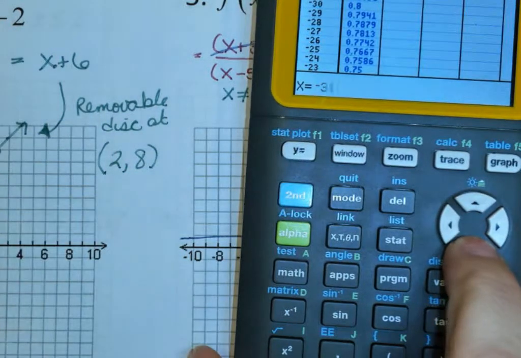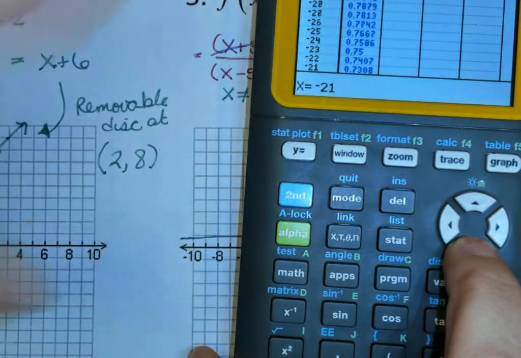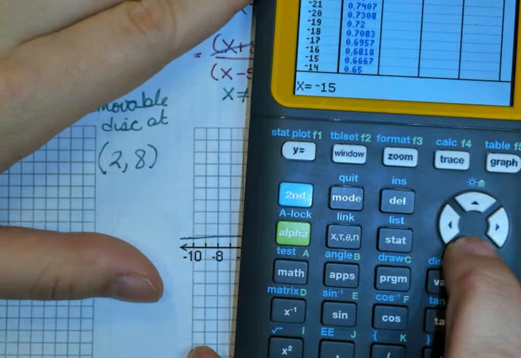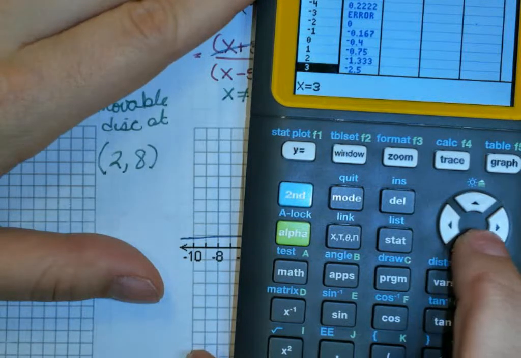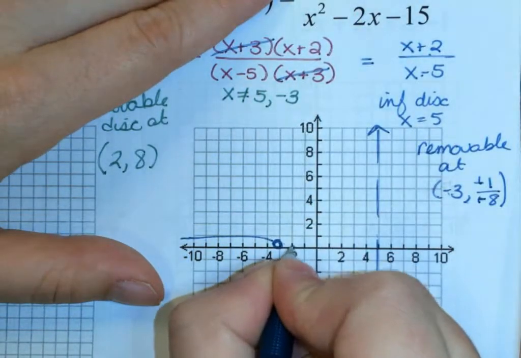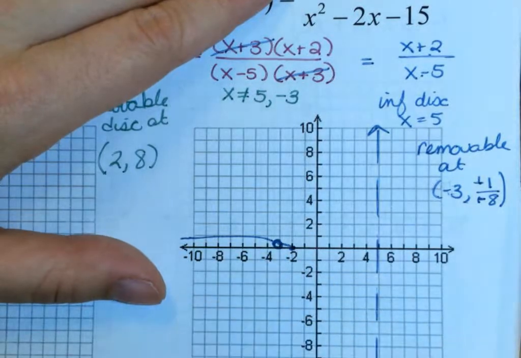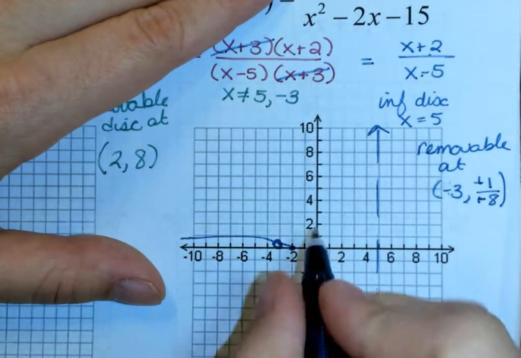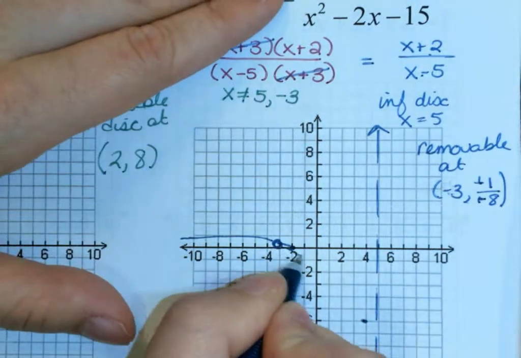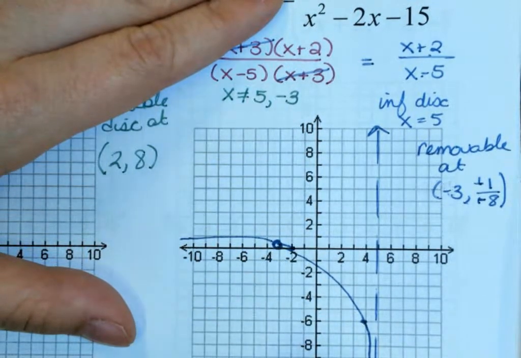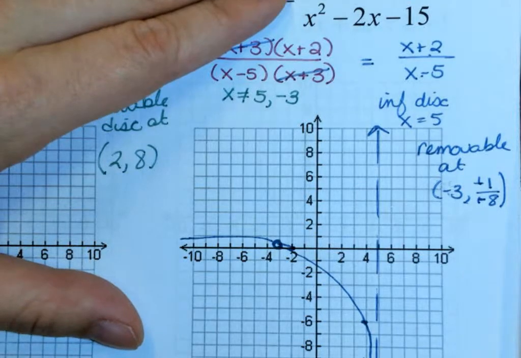Where are some nice points here? And then at -2, 0, it hits the axis. At 4, we're at -6. So then it just starts to do this really big curve and come down.